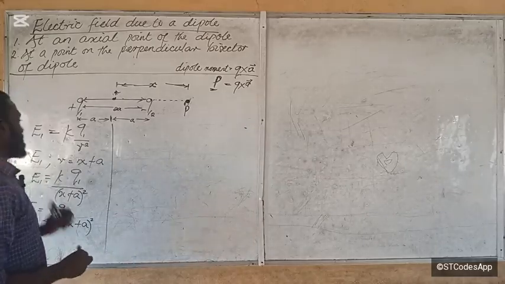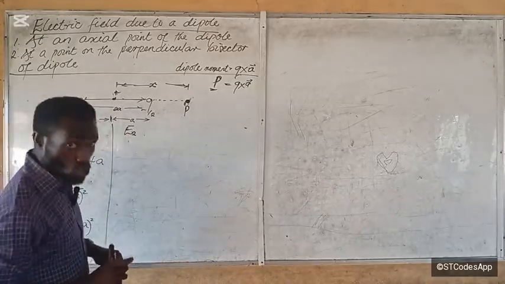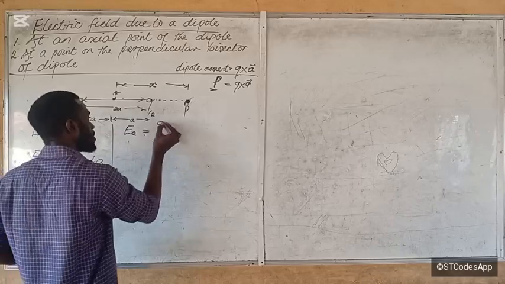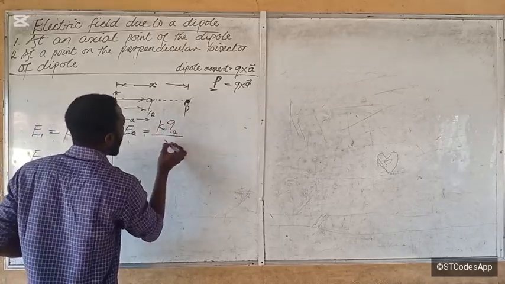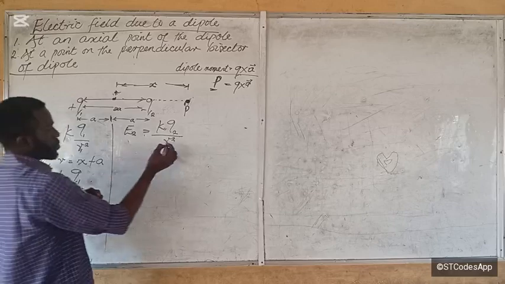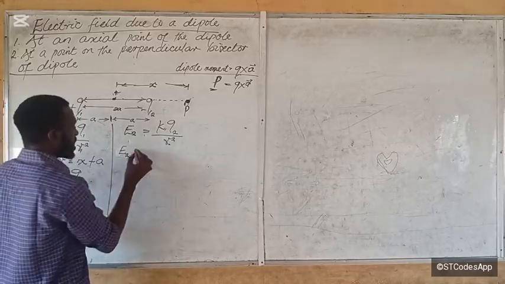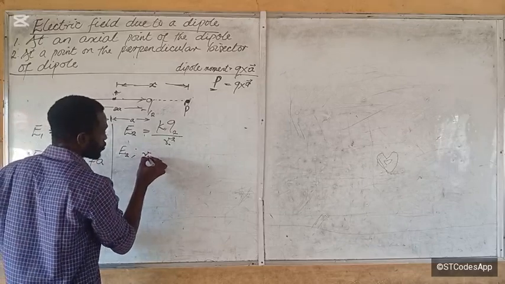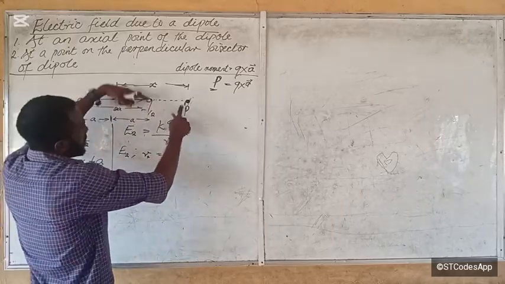Okay. Now, what is going to be E2? That is the electric field due to charge 2. It's also going to be K multiplied by Q2 over R squared. This makes sense from what we've been doing. This one is R1 squared, this is going to be R2. Recall that for E2, R2 is going to be from here to here.